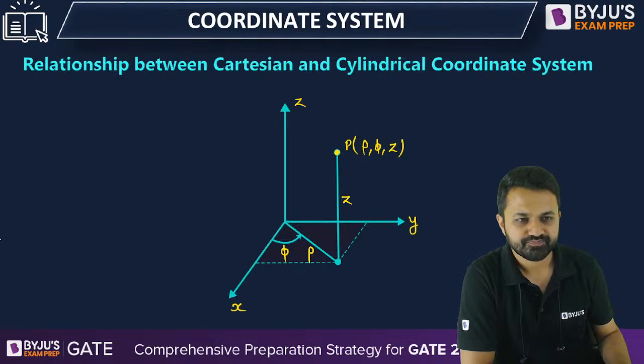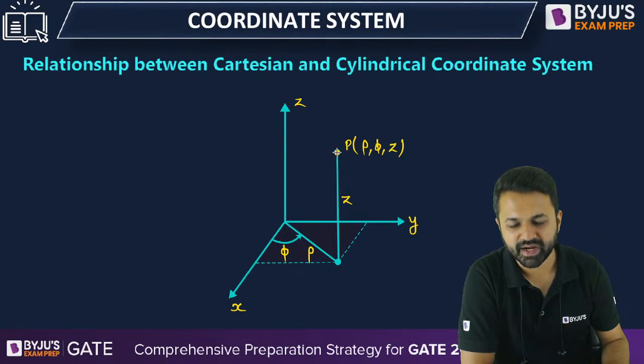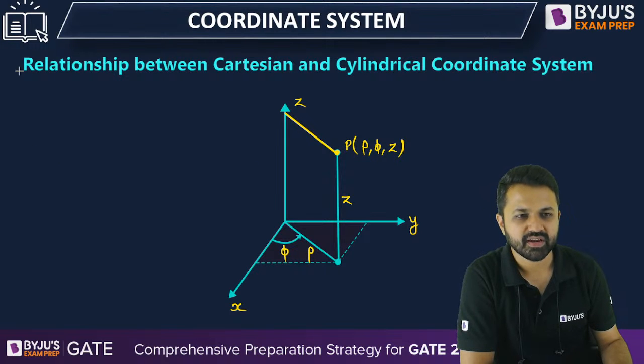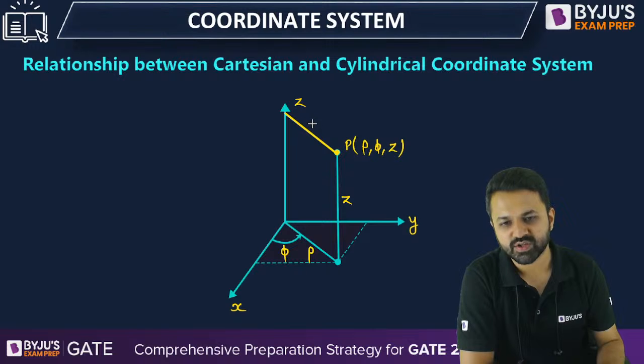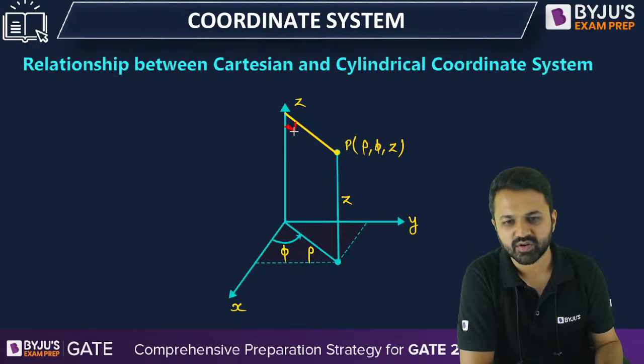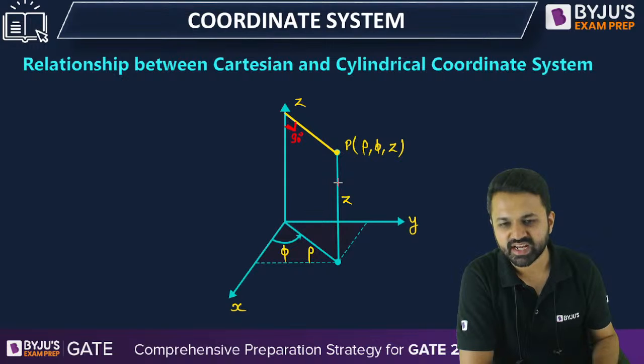So now let's draw the perpendicular line from point P to the z-axis. If I draw the line from point P to the z-axis, it is also showing the perpendicular distance. This vertical length is z, so this will also be z because we are drawing the perpendicular line. When we draw the perpendicular line to the xy plane, this point is, let us suppose, P dash.